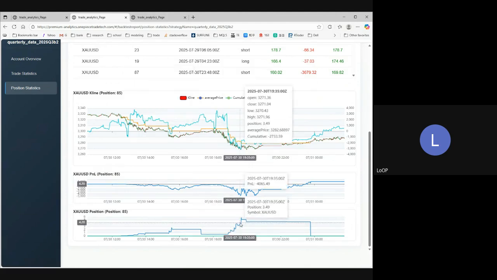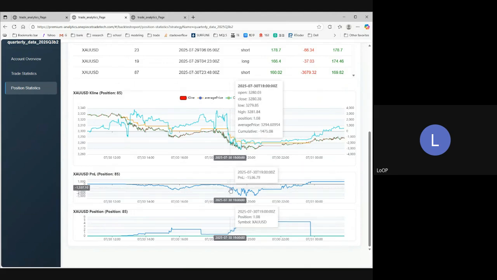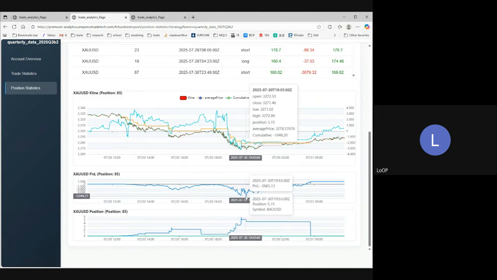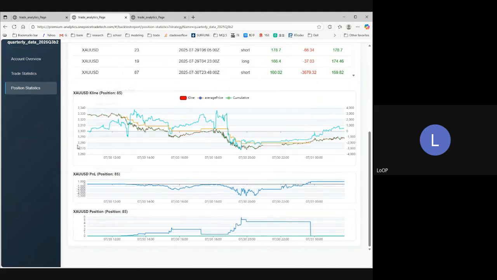That's when you see the floating loss quickly accumulate to more than $4,000, or at some point even more than $5,000. So for this position, the strategy was going against the smart money the entire time. It's acting as the counter side of the smart money.